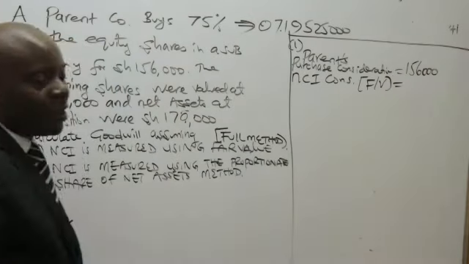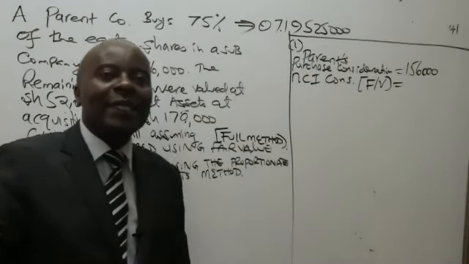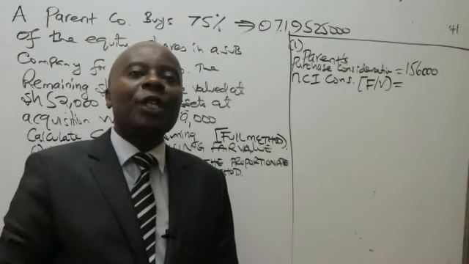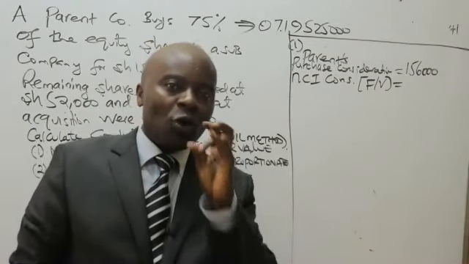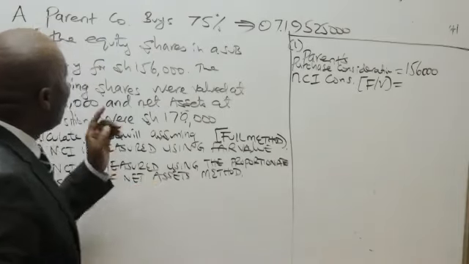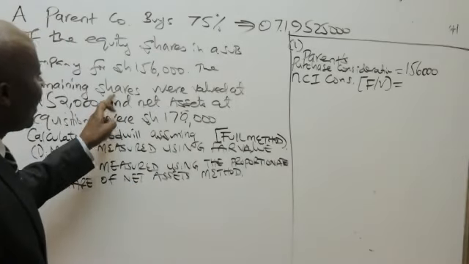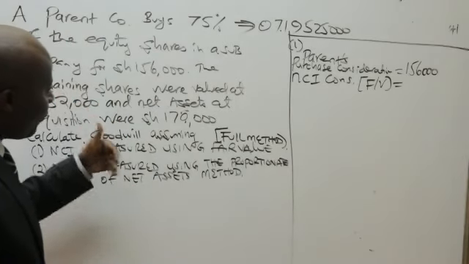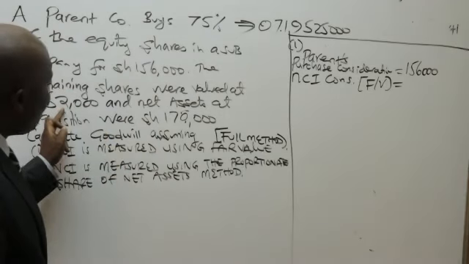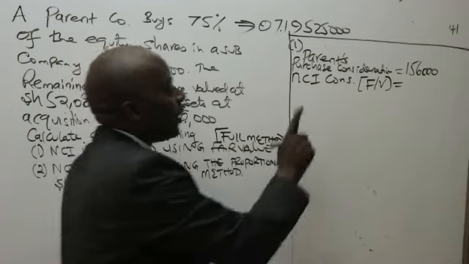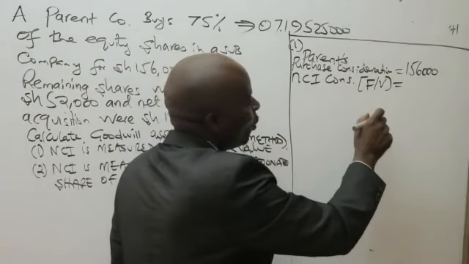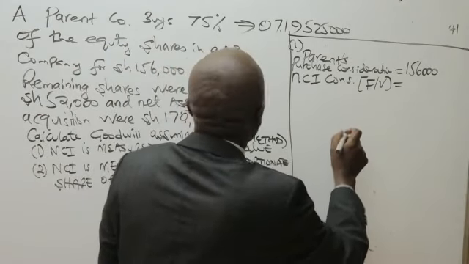Fair value basically represents the market value of the shares on acquisition. On acquisition, we are told the remaining shares, which are 25%, were valued at shillings 52,000. So the NCI's consideration, which is the fair value of their shares at acquisition, was 52,000.